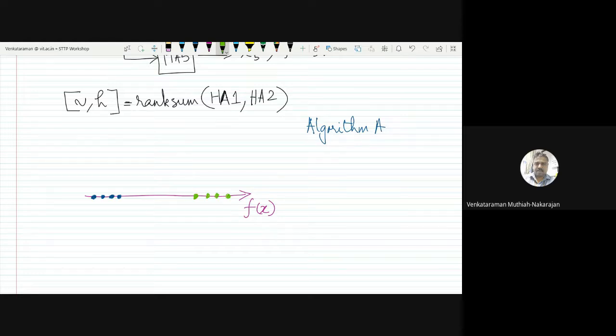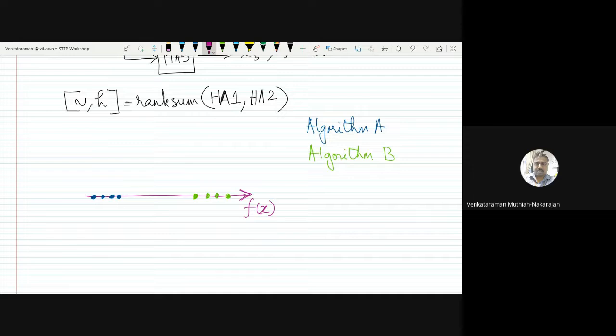This is algorithm A and the green is algorithm B, for the same objective function. F of x increases from left to right.